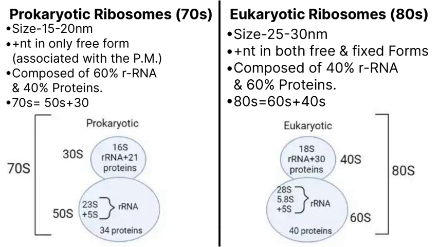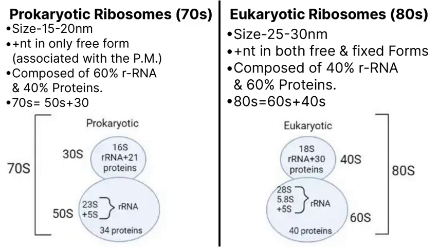And you can see their structural composition. The prokaryotic ribosome relies more on rRNA for its catalytic functions, while the eukaryotic ribosome has more proteins for its structural complexity. You can see the prokaryotes are composed of 60% rRNA while only 40% is protein, and vice versa, the eukaryotes have 40% rRNA and 60% protein composition.